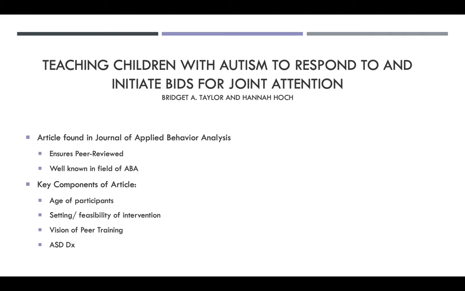So when I was looking through the articles, I thought that although this article didn't look at peer training, the methodology could be used for peers or could be implemented with peers, which is another thing I really wanted because my client especially responds to adult attention a lot and is very, very into communicating with adults but lacks motivation to interact with peers. So using typical peers to help her with this intervention I thought would be a super great opportunity. And then obviously kids that have an ASD diagnosis I also wanted within this article.